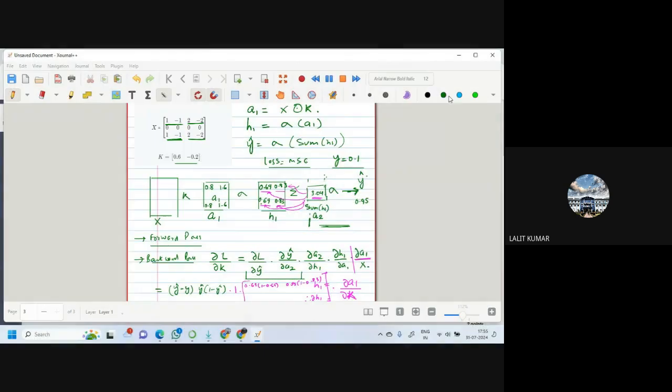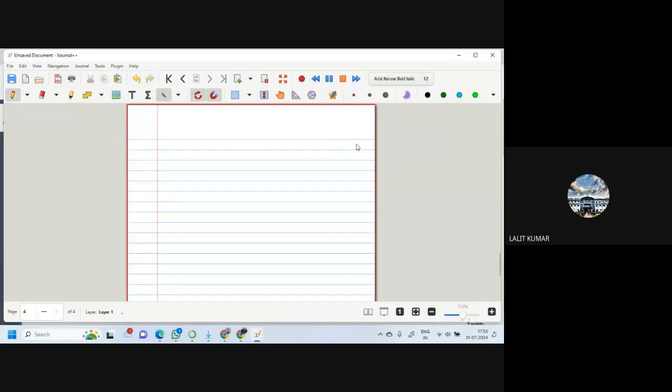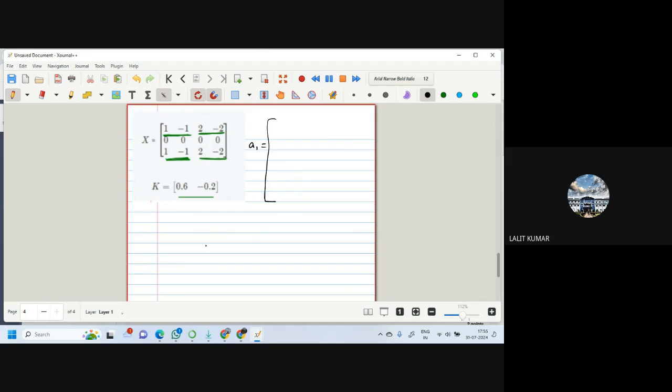Now is the part here for the stride is equal to 2. So I'll copy here. Now what you have to do in the stride 2, you have to find which are the elements which have participated for A1. So let's write A1 is equal to, stride is equal to 2.